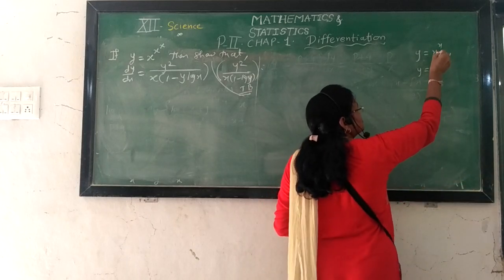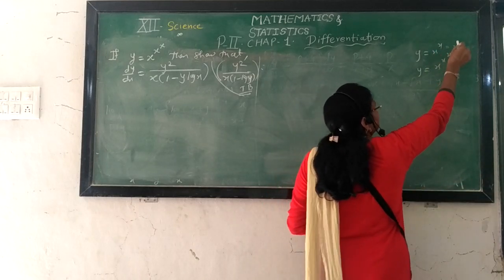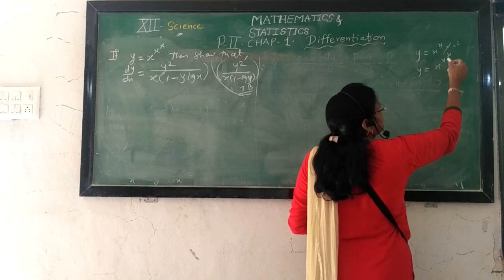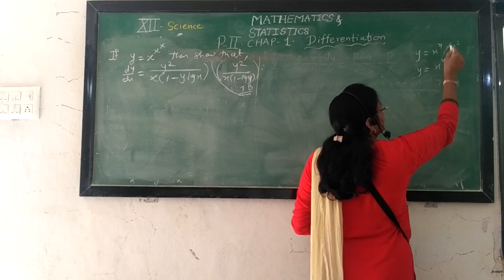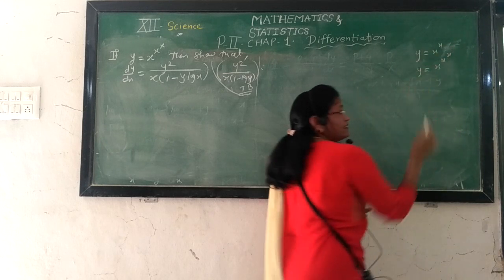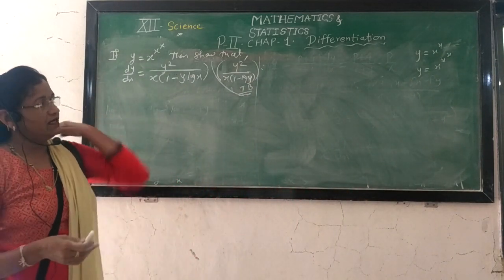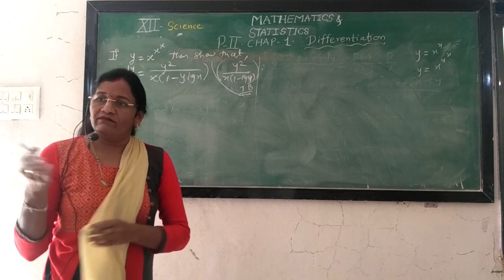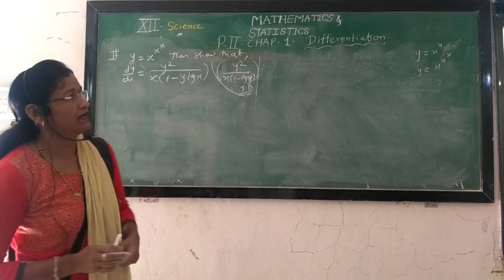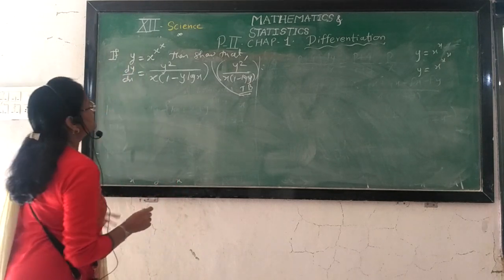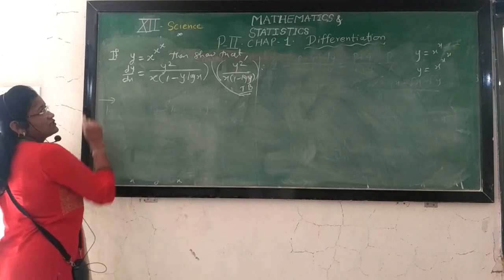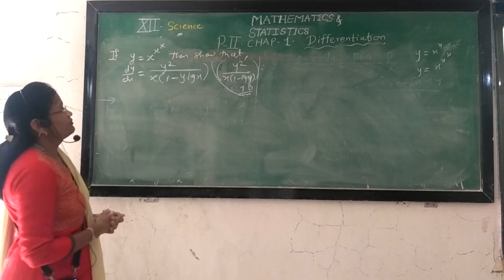Here x raised to x is not x square, and x raised to x raised to x is not x raised to x square, because no bracket is given. That would be applicable using the laws of indices, a raised to m raised to n, where we multiply because a bracket is given. But here no bracket is given, so for such a type of question we take logarithmic differentiation.